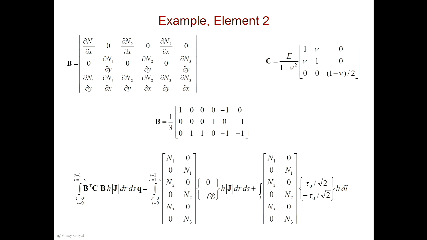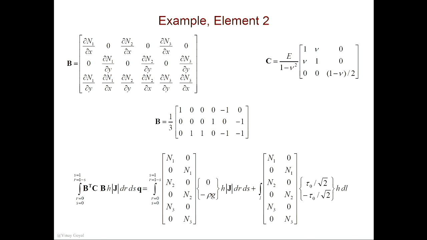So that's why problem number 2 should be easier. You should have all numbers, I think. C bold is all known. B bold is all known, and that's why it's called a constant strain triangle, because it's just a number. The strain does not vary across the element because it's constant. Take that, substitute it here, and now I'm ready to go.